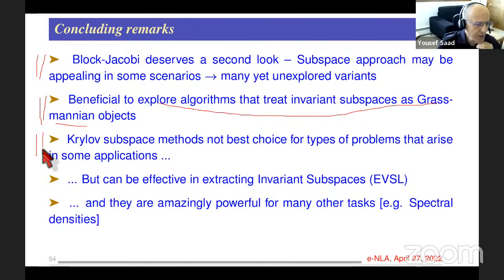Krylov subspace methods are not necessarily the best choices for all problems, but they could be extremely effective in other situations. They're very powerful for things like the spectral density, which I didn't mention here. I finished about 1 or 2 minutes before the end of the talk, so I'm going to leave it here for questions.